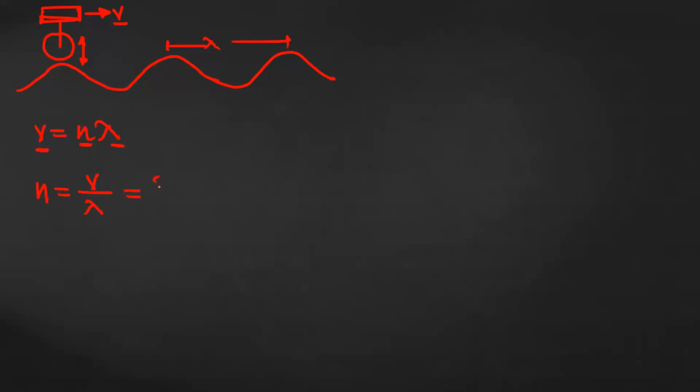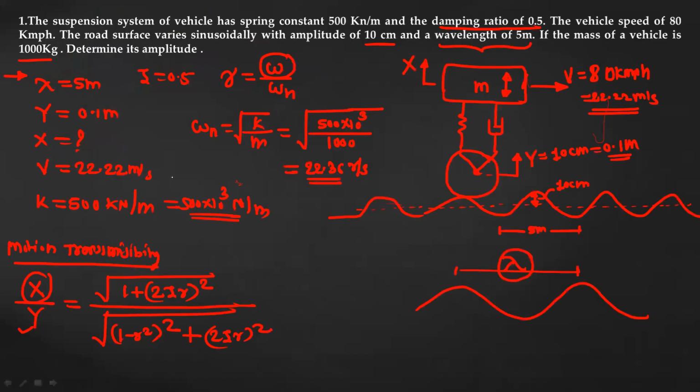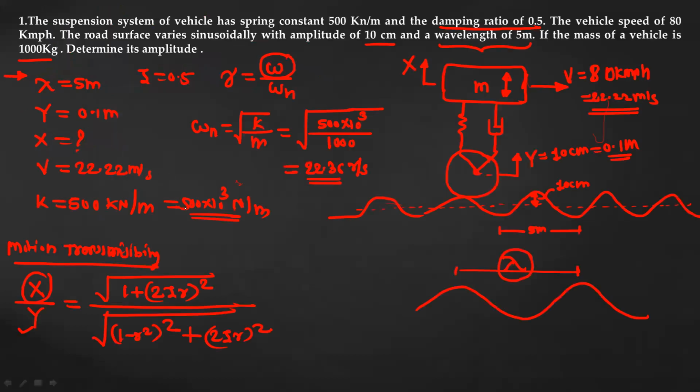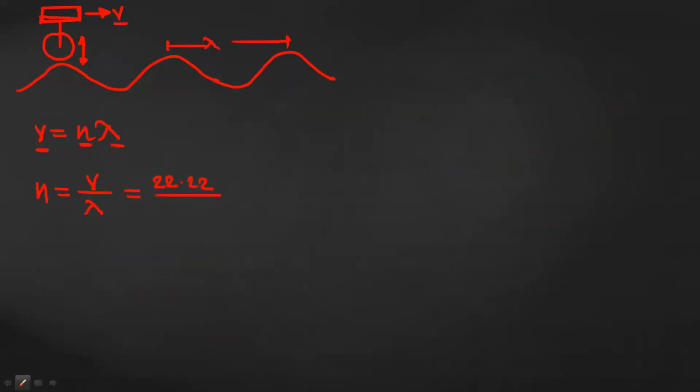So V is 22.22 and the lambda value is 5 meter. So we will get the answer for n in terms of hertz. So this is 4.44 hertz.